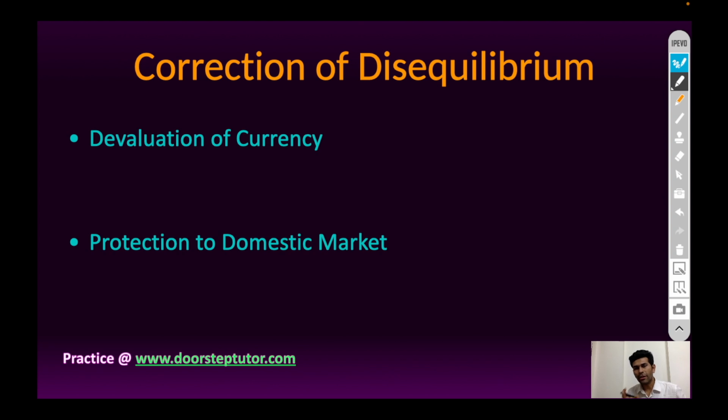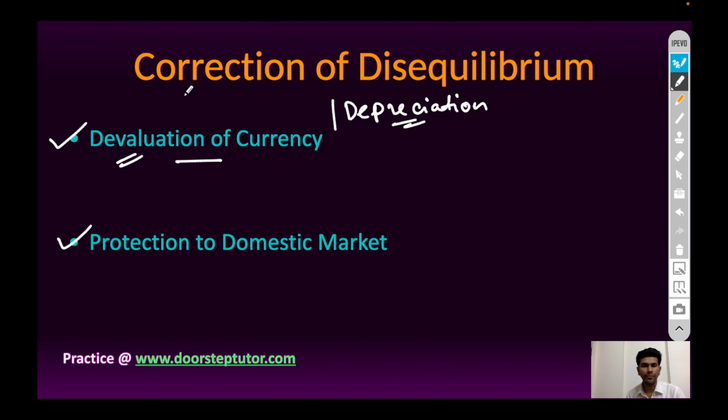Balance of payment disequilibrium can be corrected in two ways, either by devaluation of currency or by protection to the domestic market. Devaluation of currency or depreciation of currency. There are two terms, devaluation and depreciation.